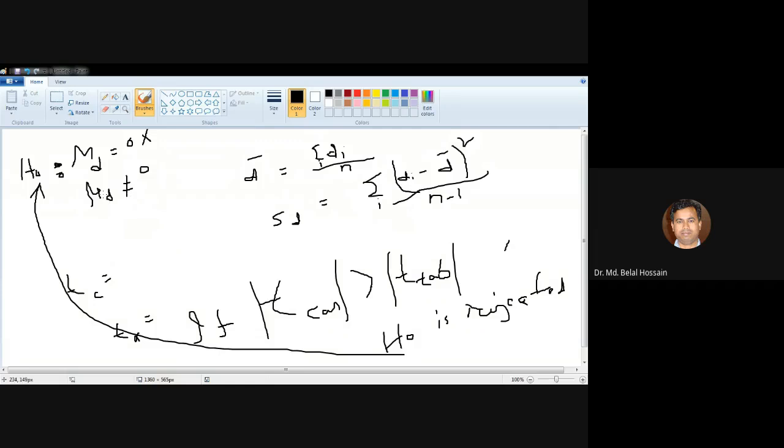What does that mean? When mu d is not equal to 0, it means that the after and before test values are different. That is what we are looking for to make the intervention fruitful.